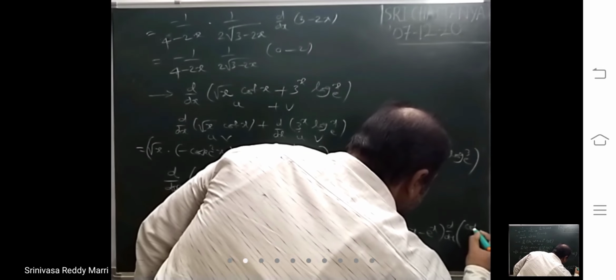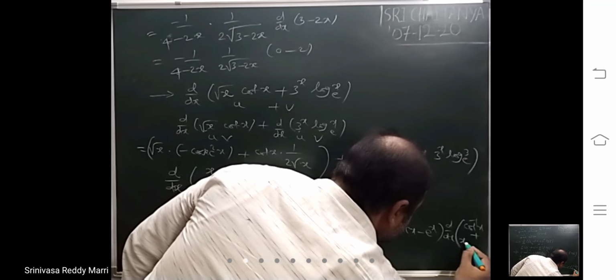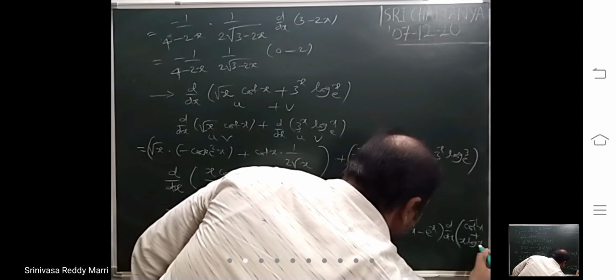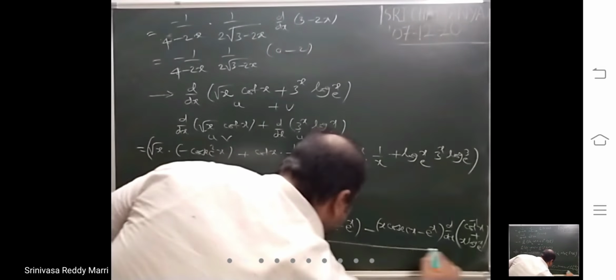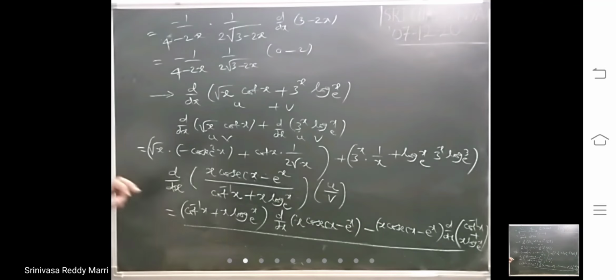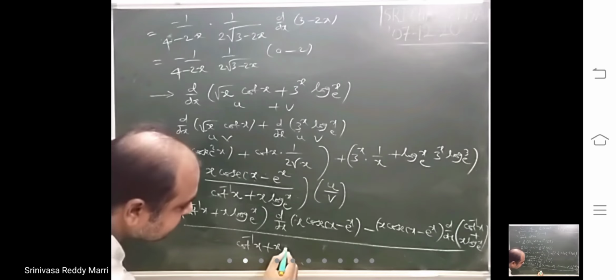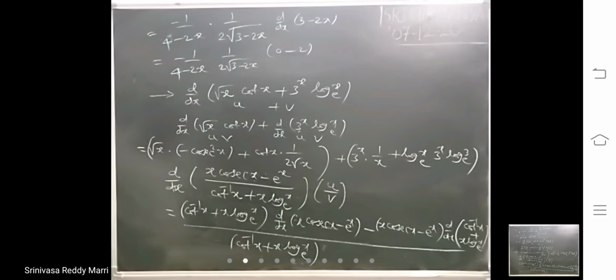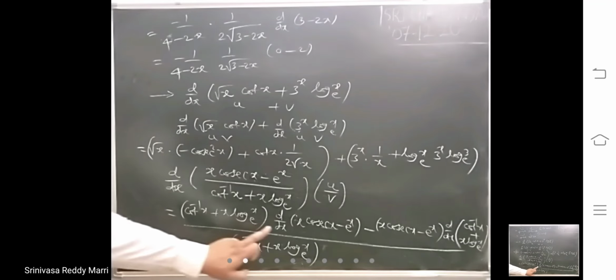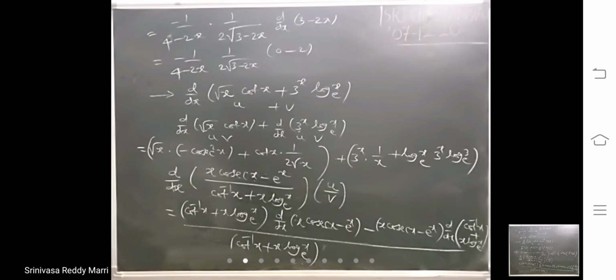I am writing here cot inverse x plus x log x. So u into the derivative of v, whole divided by v square. So now apply. This is again the derivative of this minus the derivative of this.